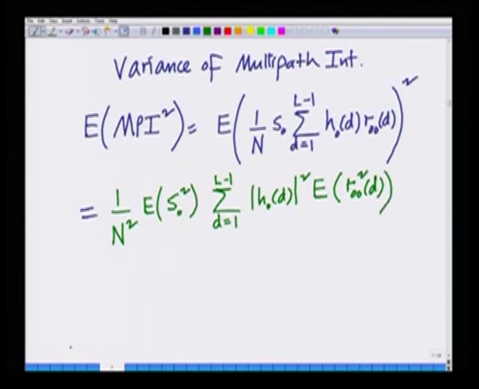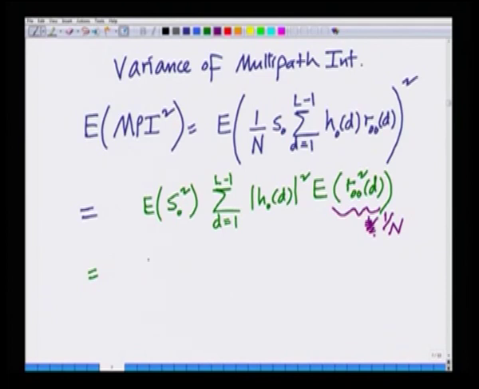Alright, so the variance of this is nothing but 1 over n square expected S0 square, which is nothing but the power of user 0, times summed over all the L minus 1 multipath components H0 d square, that is the power in the dth component, times expected R00 d square, which is the self correlation square. We know this expected self correlation square is 1 over n.